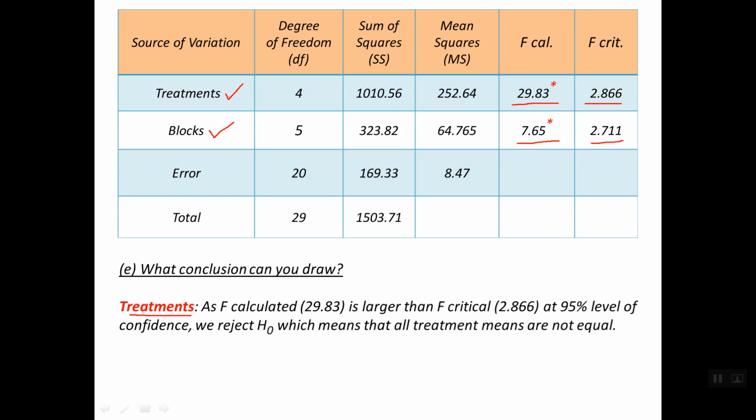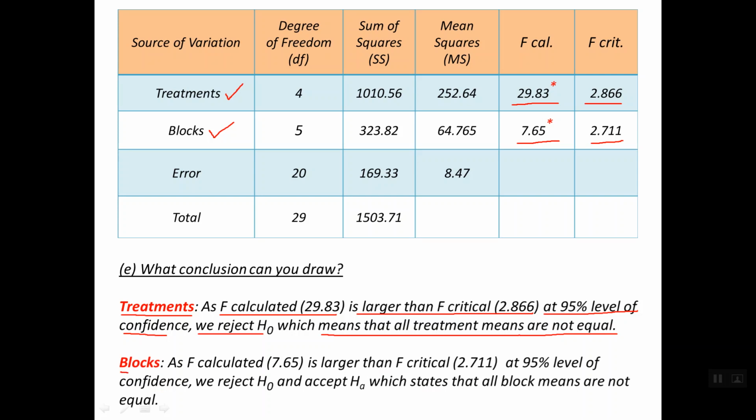Regarding the treatments, the value of the calculated F is significantly larger than the value of the F critical at 95% level of confidence. So we reject the null hypothesis and accept the alternative one, and the alternative states that the means for the treatments are not equal, or at least one of the means is not the same as the others.